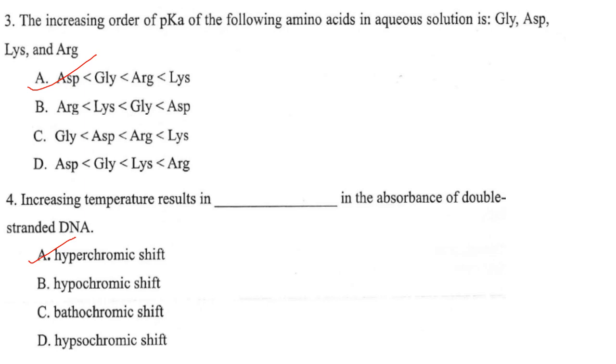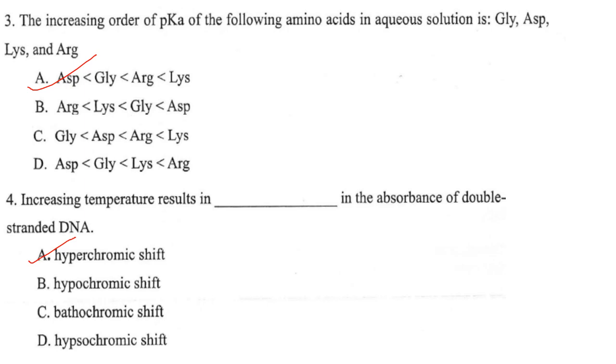Aspartic acid has 2 COOH groups, lysine has a basic group as well as an acidic group, and arginine also has a basic group as well as an acidic group. And based on the acidic strength, it will be aspartic acid greater than glycine, greater than arginine, greater than lysine.